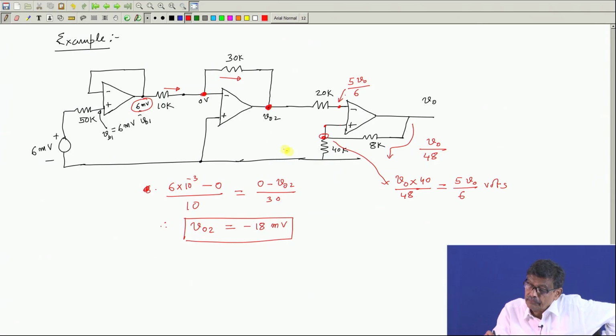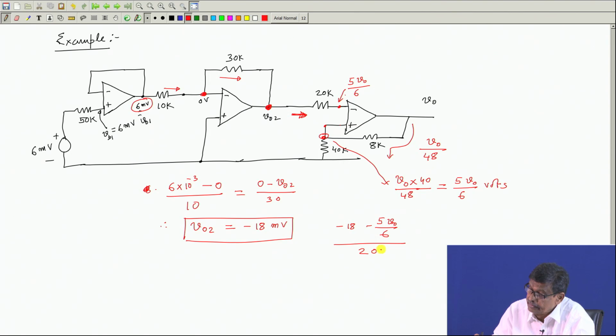Therefore, I can proceed to calculate the output voltage. How do I calculate the output voltage? This current is 0 and this potential V naught 2 is minus 18 millivolt. So, what will be the expression of this current? Minus 18 millivolt minus potential of this point, divided by 20 k, and that must be equal to 0.